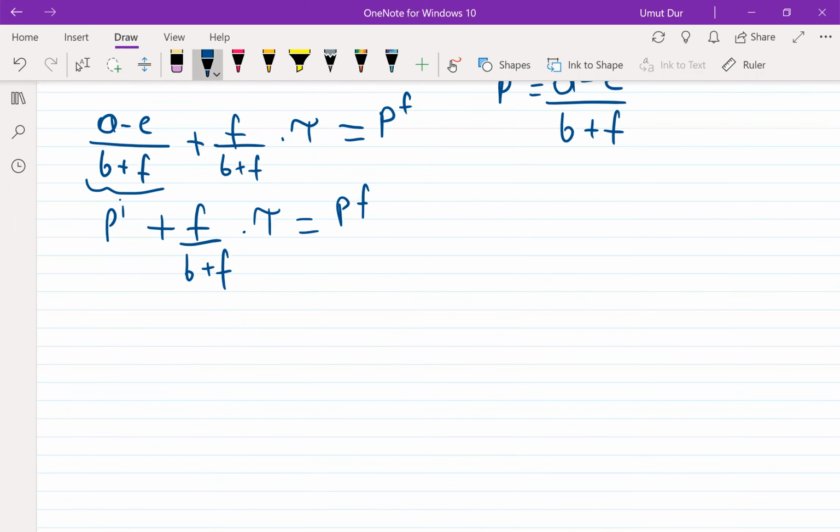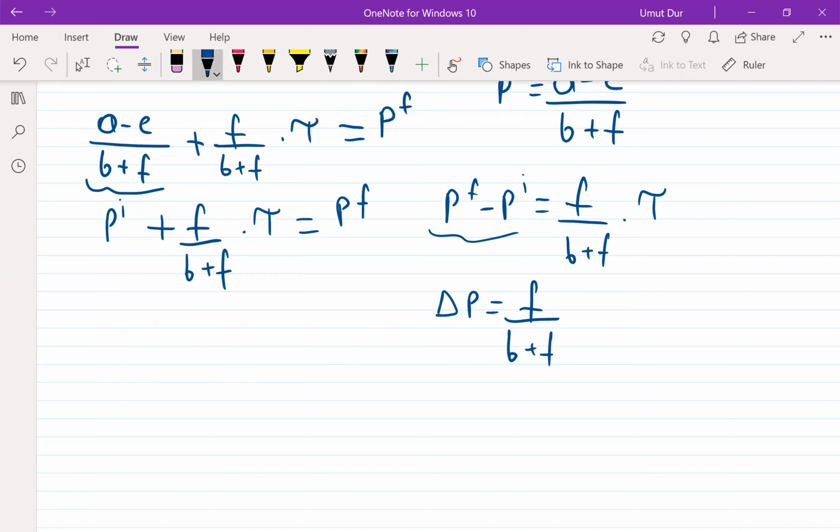If I do the math, Pf minus Pi is equal to F over B plus F times tau, so delta P is equal to F over B plus F times the tax. Now if I know this formula, without knowing the initial equilibrium or the final equilibrium, I can just put the value of the tax and the values of B and F here and solve for the change in the price. This will be trivial.